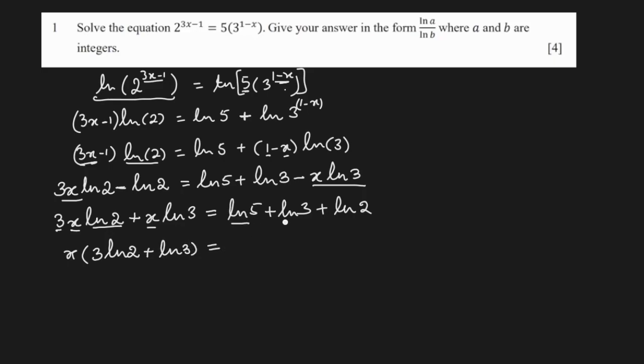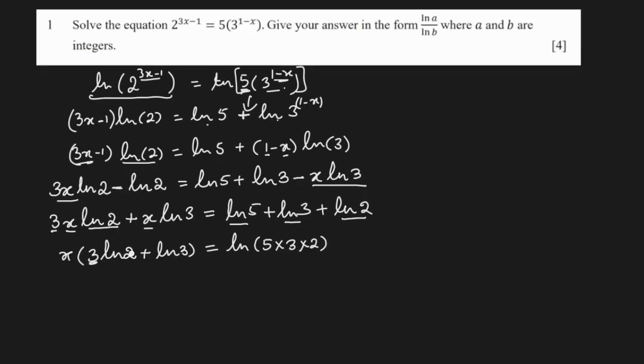Equal to, there are 3 natural logs which are adding, so when they add, their contents multiply. Just like here, they were multiplying and we separated them to make it addition. Now they're adding, we will make them 1 by multiplying inside. 5 times 3 times 2.